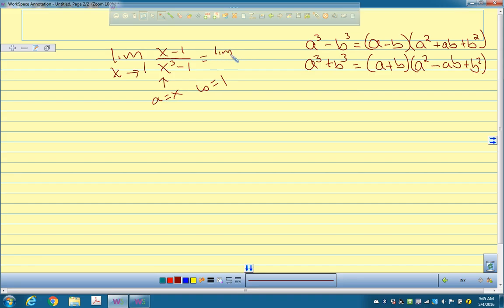So this is equal to the limit as x goes to 1 of x minus 1 over, this is a cubed minus b cubed, so it's going to be x minus 1 times x squared plus 1 times x, which is x, plus b squared, which is plus 1.